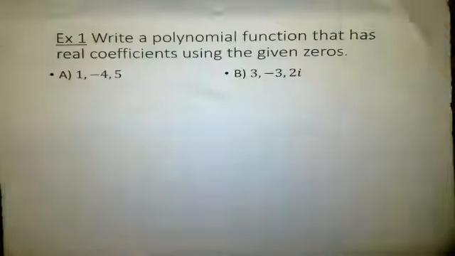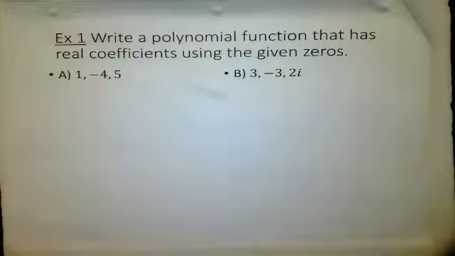So, example 1. Write a polynomial function that has real coefficients using the given zeros. Real coefficients is a clue, meaning you shouldn't have anything imaginary when you're done. Okay, so we will be dealing with i's, but when you're finished, you shouldn't have any left over.